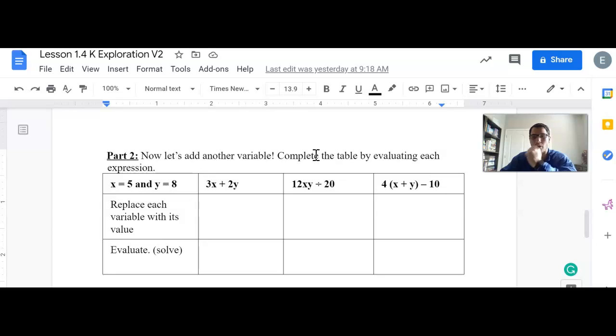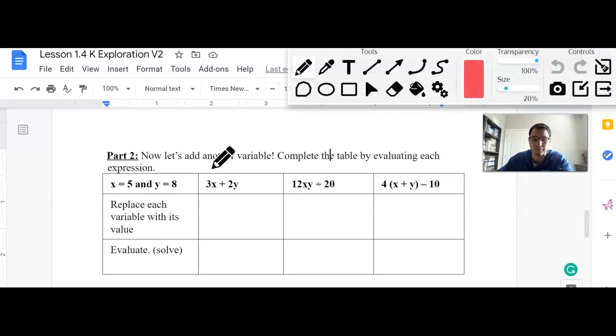Going back to what we talked about yesterday, that is solving algebraic expressions using substitution. So in a problem like this from your guided notes, this is under part 2, we are going to substitute or replace our variables with some sort of value that they give us. In this case, this problem has two variables.